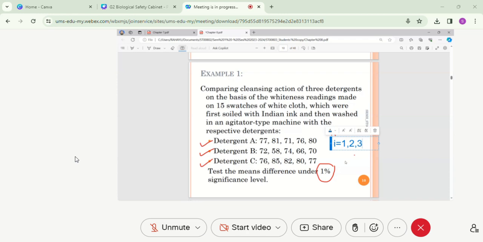Those are the subscripts here. Alright, so what is n1?